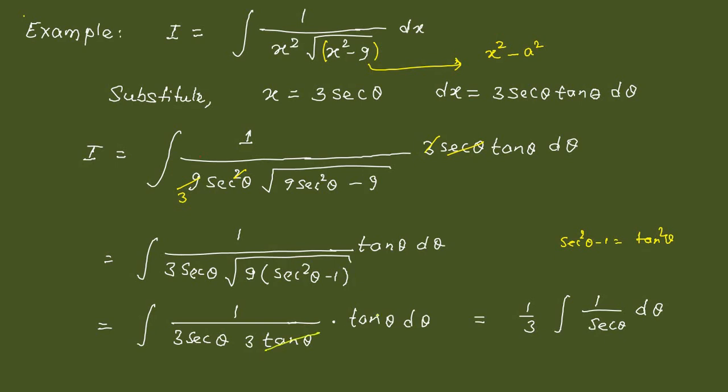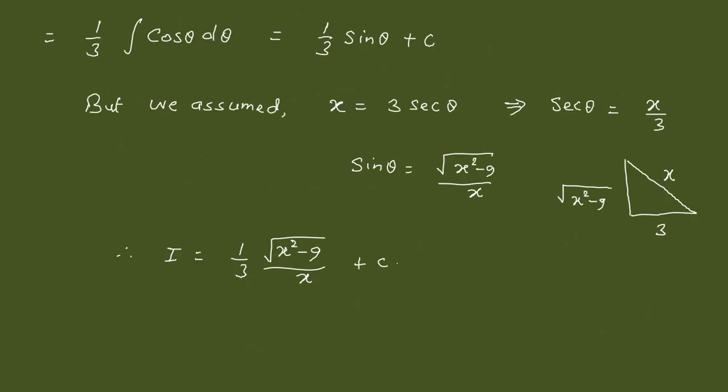After this tan theta will get cancelled, and we will have 1 over 3 times 3, that is 9. So integration of 1 over 9 times 1 over sec theta, which is 1 over 9 cosine theta as the integrand. So we will have 1 over 9 sine theta plus c.